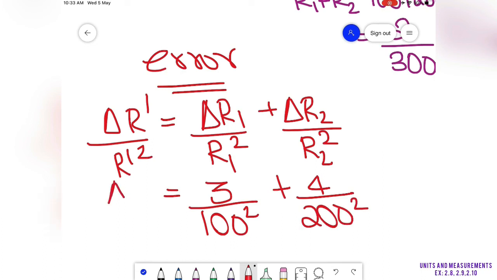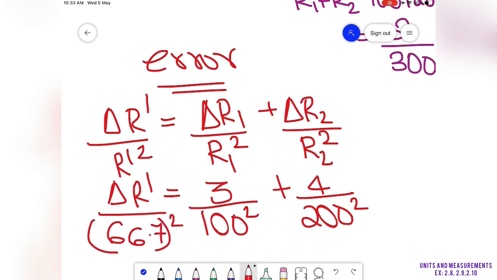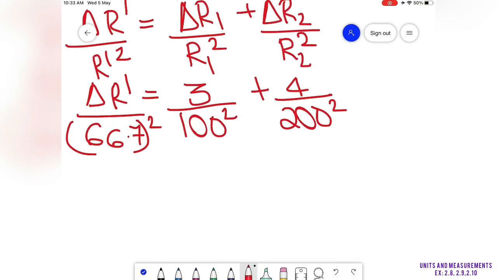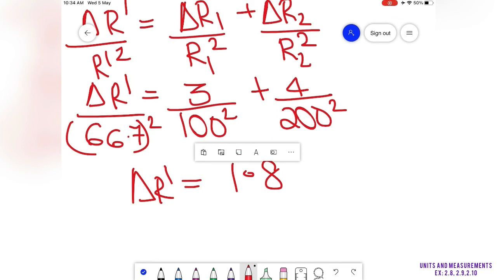And we know the value of R dash square, right? We found the R dash value, the equivalent resistance, so that will be 66.7 square. Solving this equation, we find delta R dash to be 1.8. That is your equivalent resistance error value.